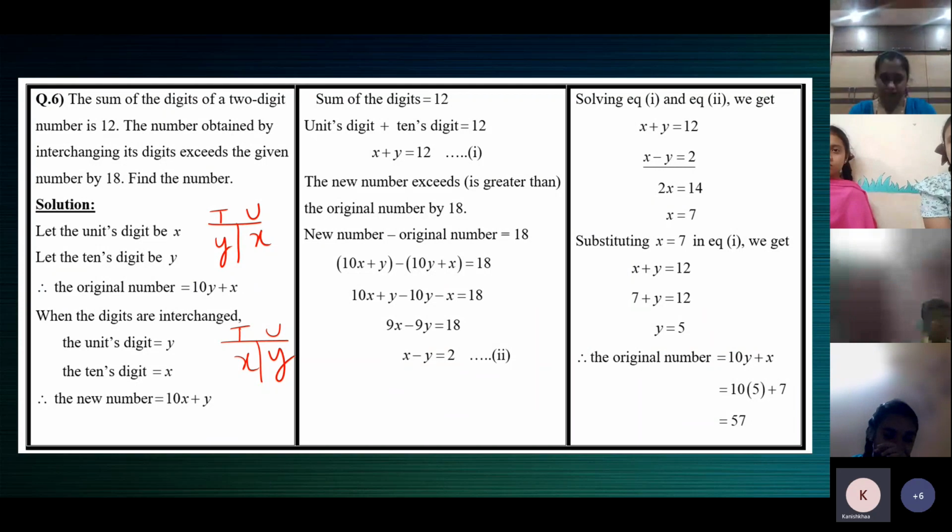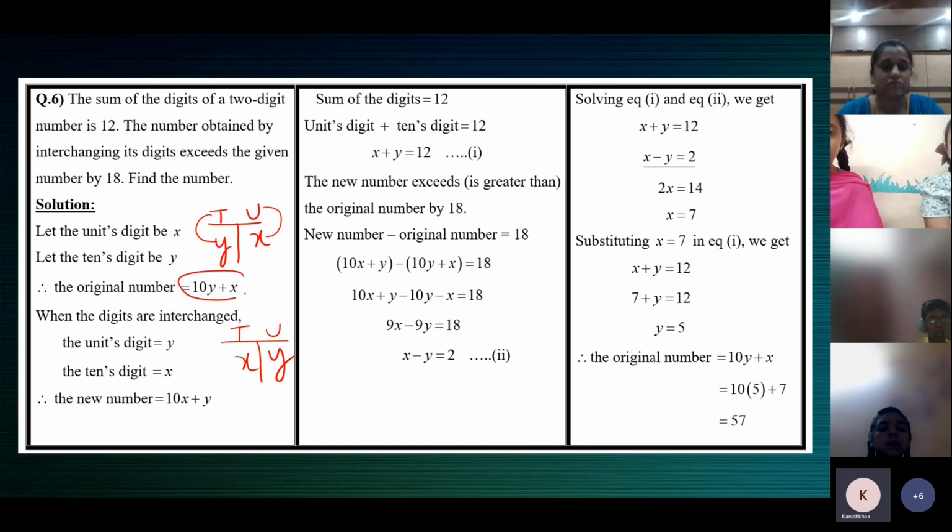Ma'am, they have given the unit digit as X and the tens digit as Y. So the original number will be multiplied by 10 for the tens digit, so 10 into Y and 1 into X. That gives us the original number.